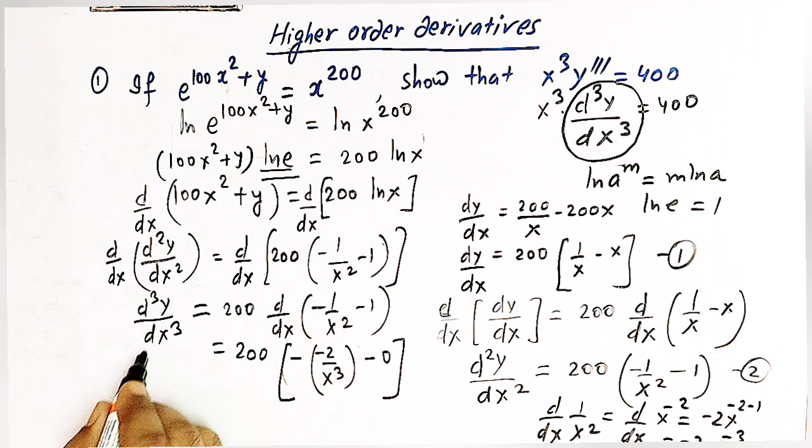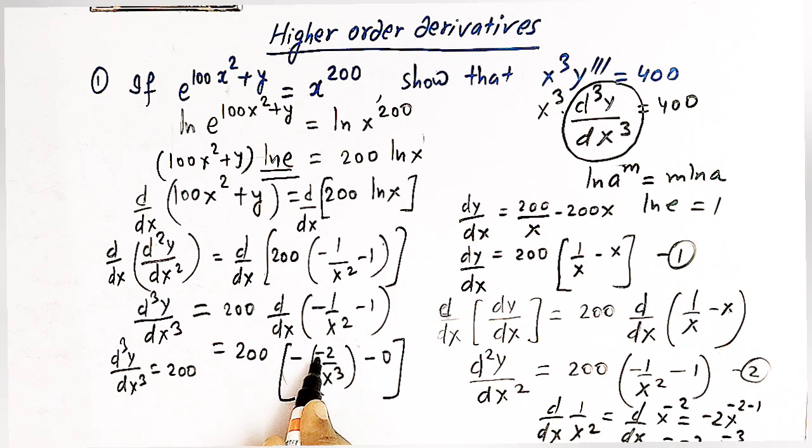So now the third derivative is equal to 200, and minus times minus is positive, so we have 2 over x cube. 200 times 2 is 400, so this is 400 over x cube.